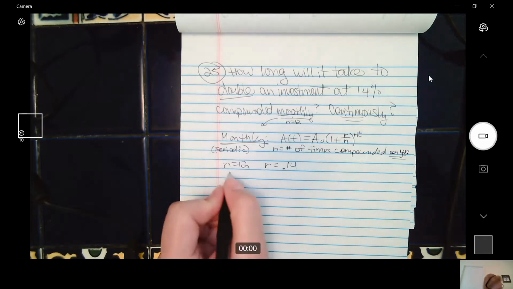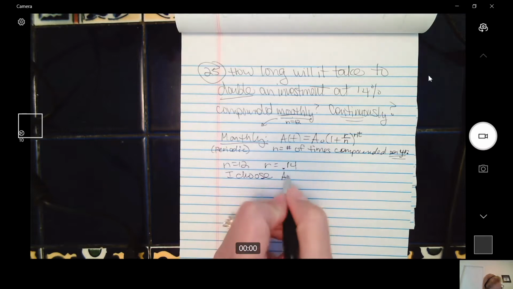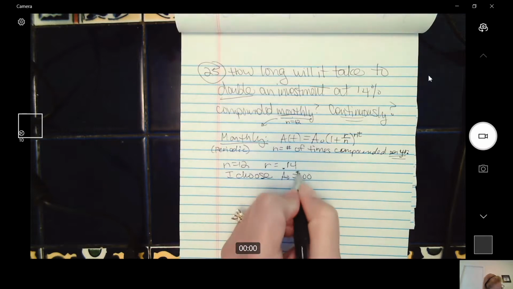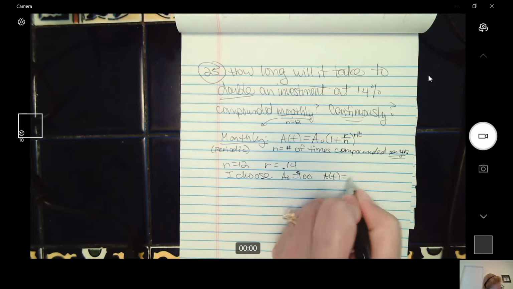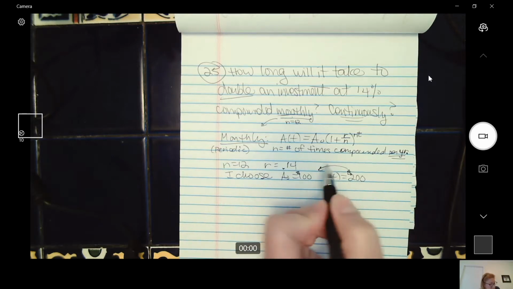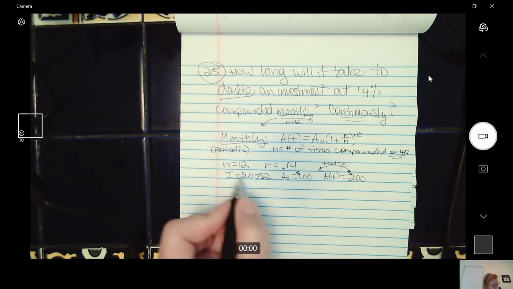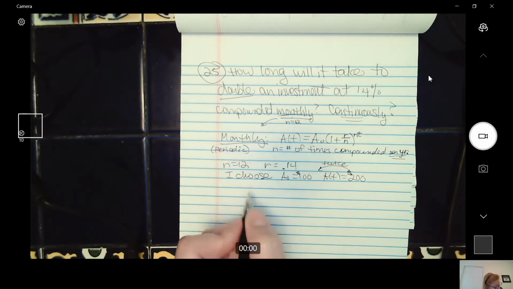I'm just going to choose something easy. I'm just going to choose the initial amount's $100, and we're going to make it double to 200. It doesn't really matter what you use here, as long as this is twice what you started with, because that's what doubling means.